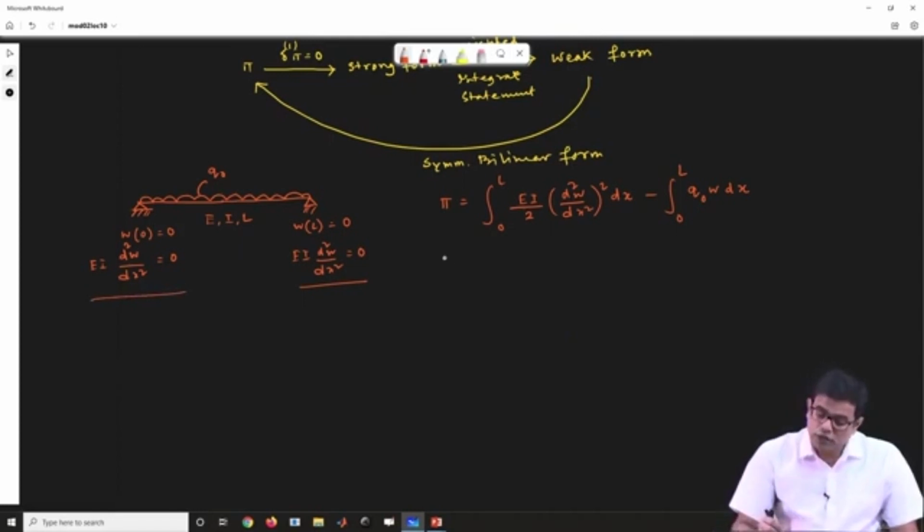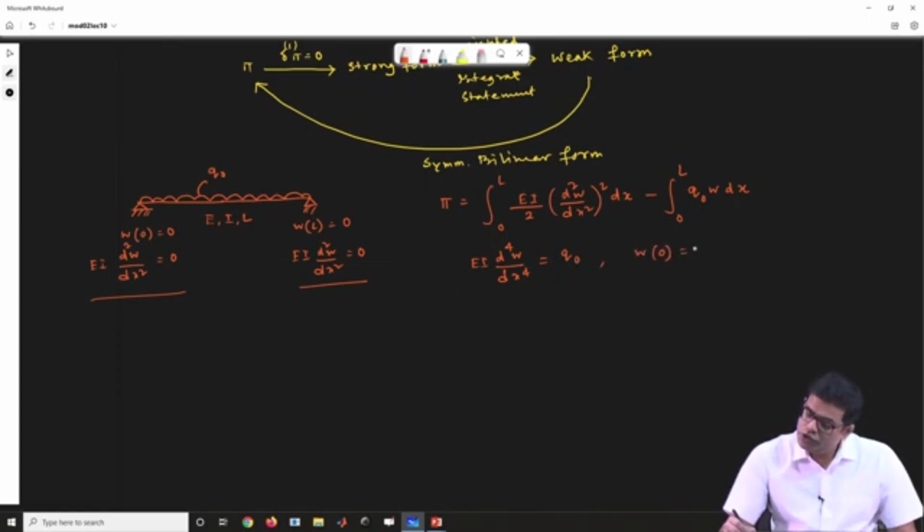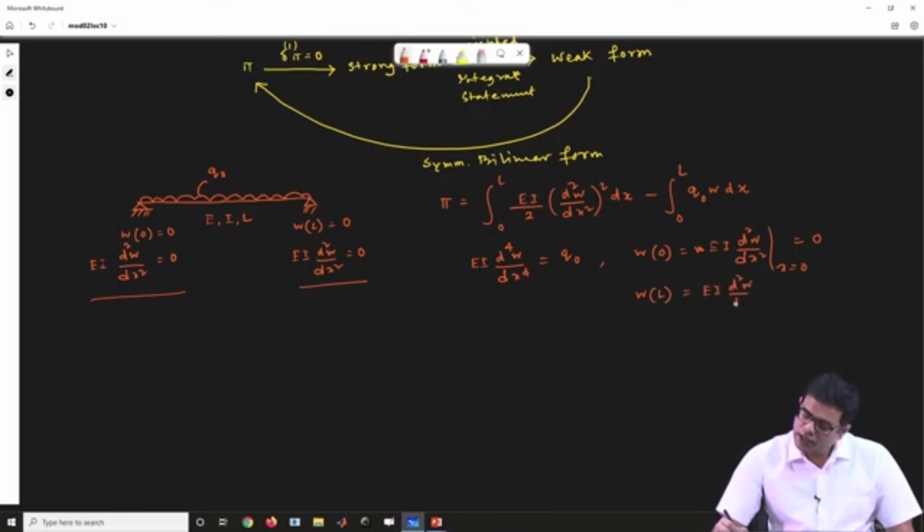And what is its governing equation? The governing equation, we know, is EI d to the power 4 W by dx to the power 4 equals Q0, along with the boundary conditions: W at 0 equals 0, EI d2W by dx2 at x equals 0 is 0, and W at L equals 0, EI d2W by dx2 at x equals L is 0.